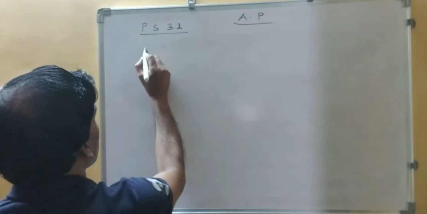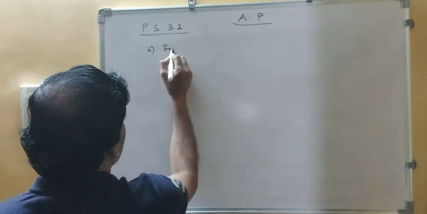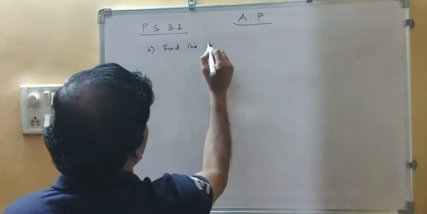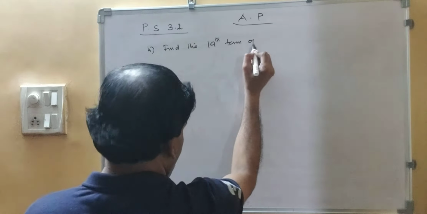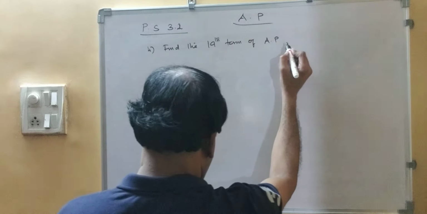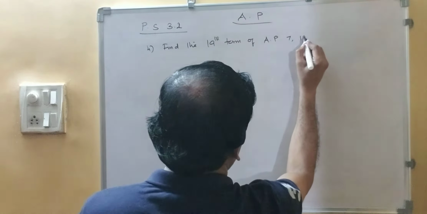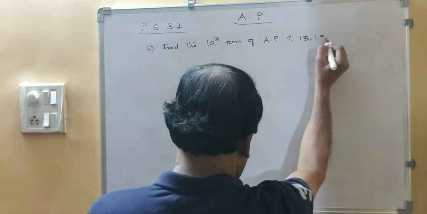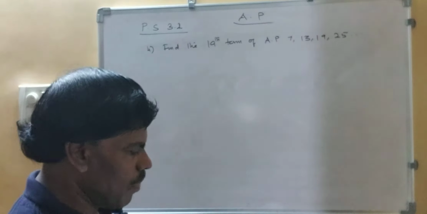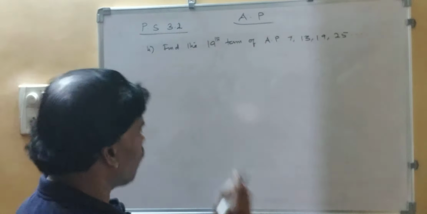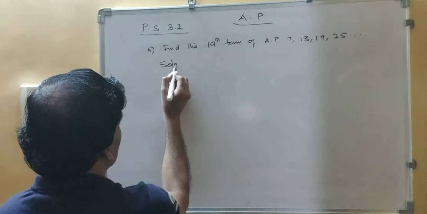Fourth sum. Find the 19th term of the AP 7, 13, 19 and 25, etc. Now same thing only, here we have to find out the 19th term. Okay. Now solution.